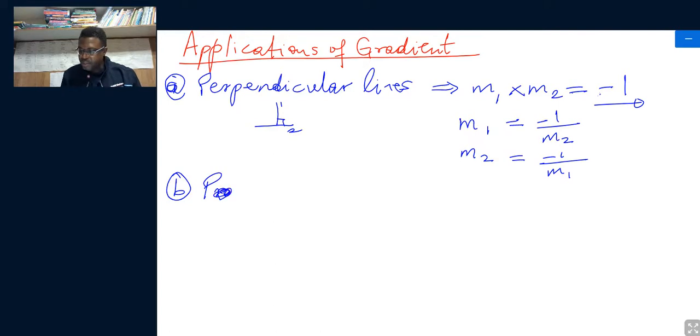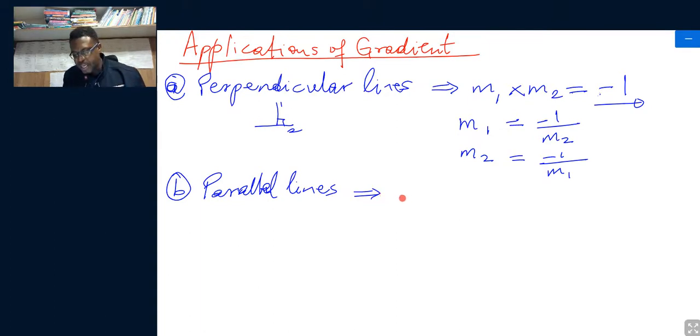We want to see if lines are parallel, and we're using these gradients. What about parallel lines?